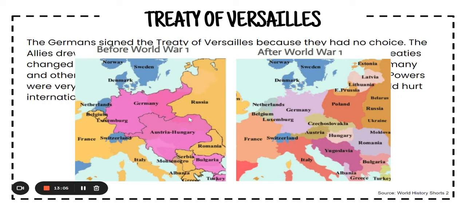Then when we look at Austria-Hungary, remember this is where Franz Ferdinand was from. It was this huge chunk right here. And if we look after World War I, we had this tiny country of Austria, this tiny country of Hungary. They separated them. Then we had the country of Czechoslovakia in the same area.